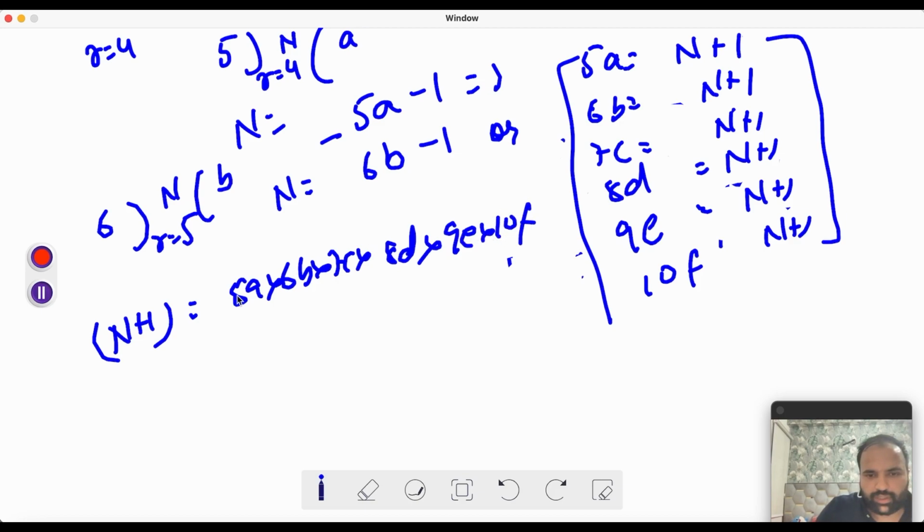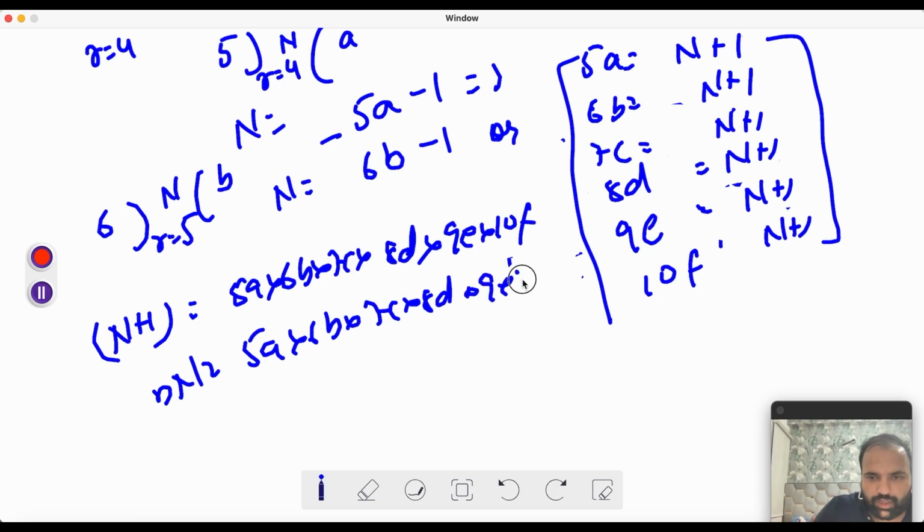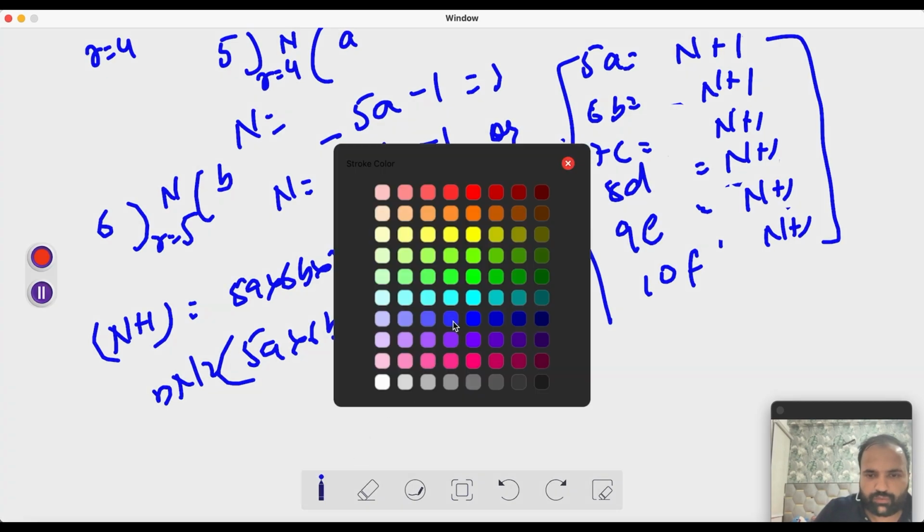So basically this is what we have to do. We can take the smallest value, or we can write n equal to 6p into 7c into 8d into 9e into 10f minus 1.